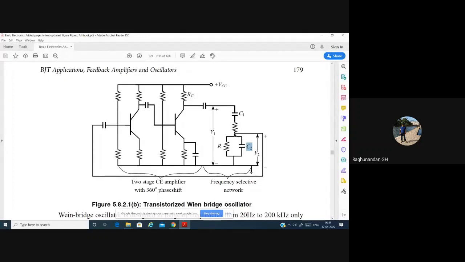Now when you are going to connect a feedback like this, initially I was telling you they are in series, this RC and this RC. But when you connect this terminal, automatically what will they become? Can anyone tell me?